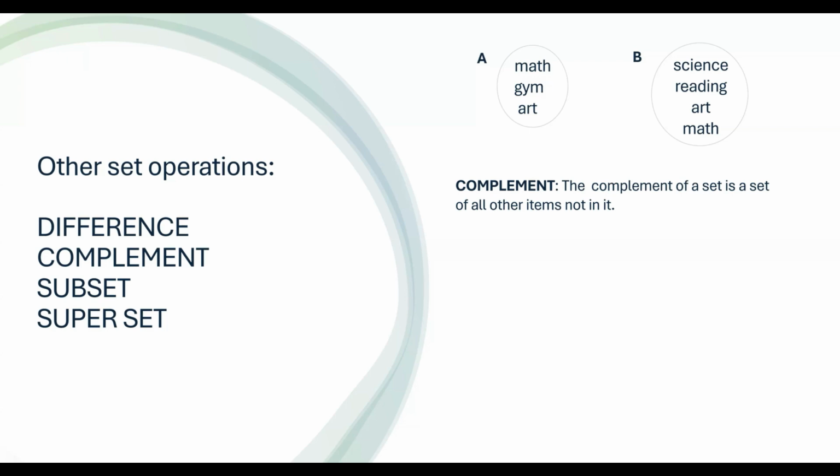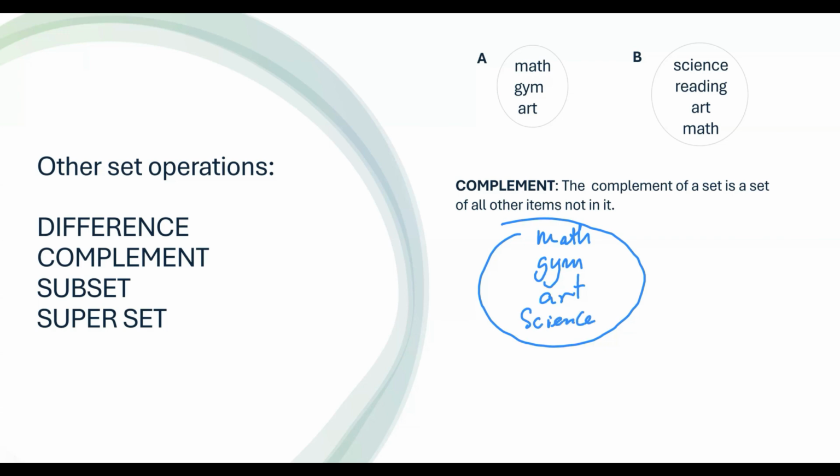So first, we have to do the union. So the union of the two sets, as you have seen before, is something like this. So you have math, gym, art, science, and reading. Now, remember, for the union, you put everything together, then you need to cross out what is repeated. So now the union gives you 5 items.